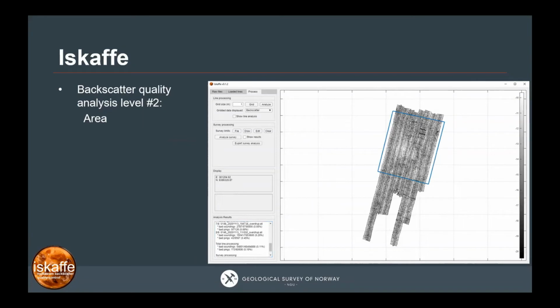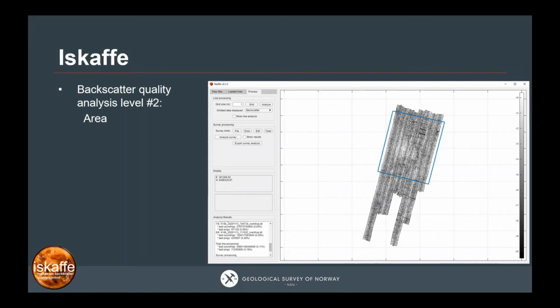The second level is to work on an area. You can have a line with lots of bad data in it, but then you notice it, so you get a patch to cover it. How do you tell that the patch data successfully fixed the problem that was found?